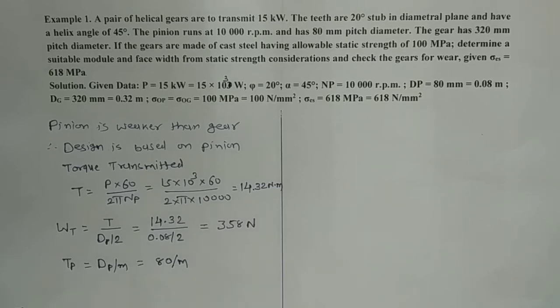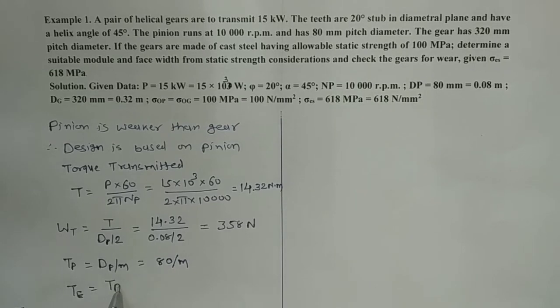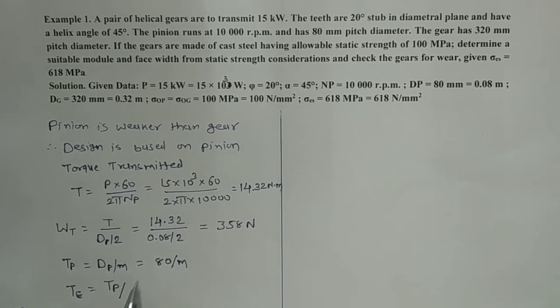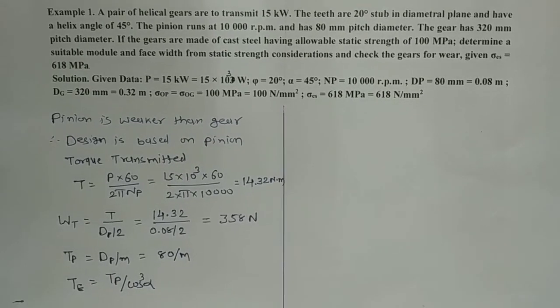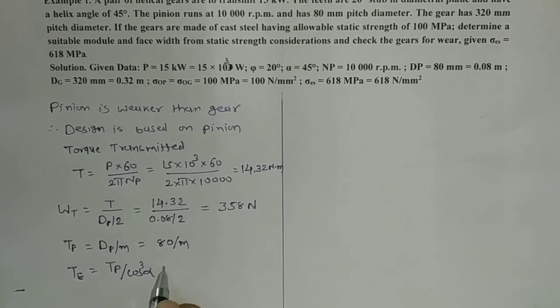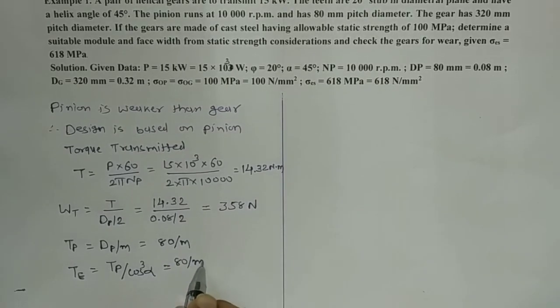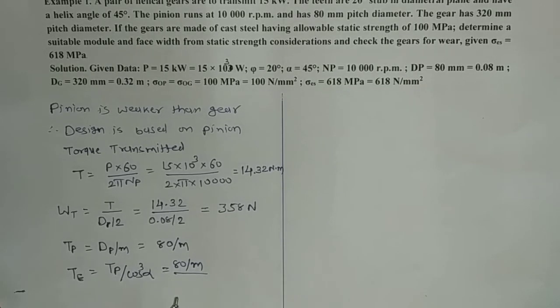Now let us find the formative or the equivalent number of teeth on pinion, TE. You know that TE is equal to TP by cos cube alpha. So TP is equal to 80 by m, and alpha is equal to 45 degree.